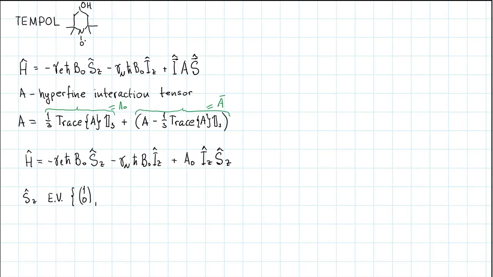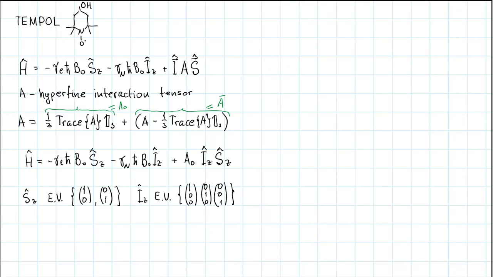Here I would like to remind you that the electron spin projection operator Sz has two eigenvectors, (1, 0) and (0, 1). The nitrogen N14 has a spin equal to 1. The spin projection operator Iz has three eigenvectors, (1, 0, 0), (0, 1, 0), and (0, 0, 1).